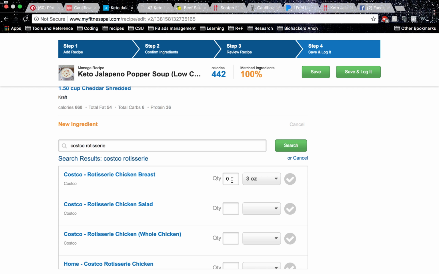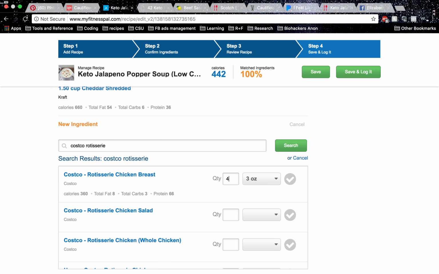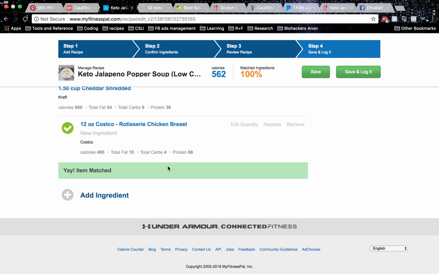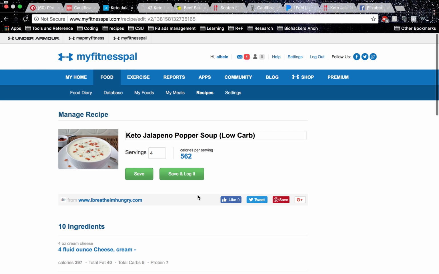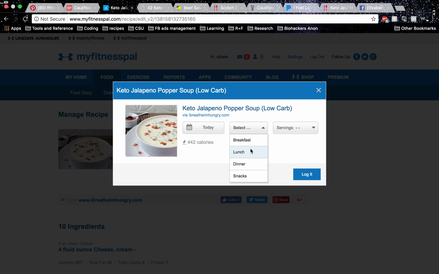And because we need an extra 20 something grams of protein, and this is 4 servings, we're going to need about 20 grams extra per serving, which is 80. So we're looking for an amount that gives us about 80 grams of protein. So let's see, 3 gives about 60, 4. Okay, 80. Great. Now we're going to save and log it again. Lunch, 1 serving, log it.